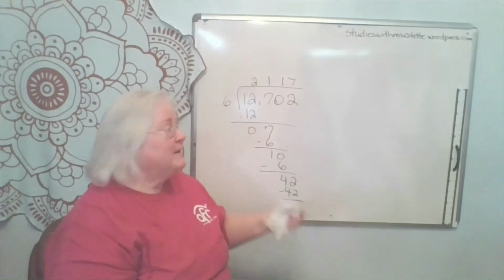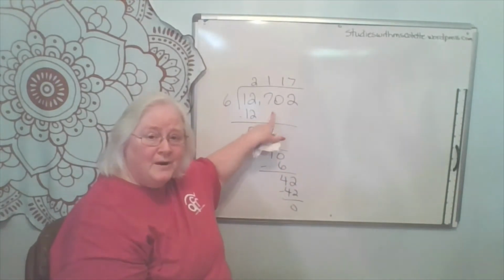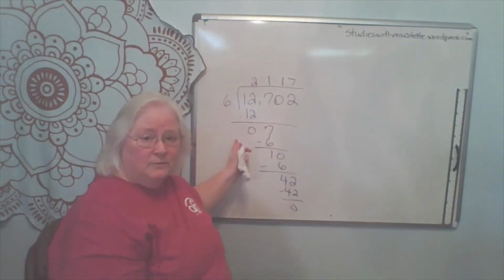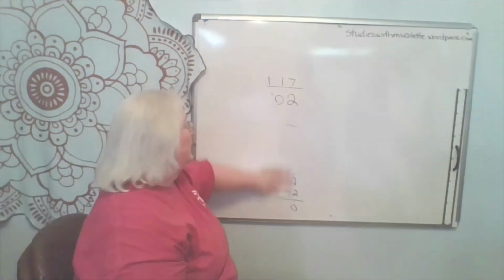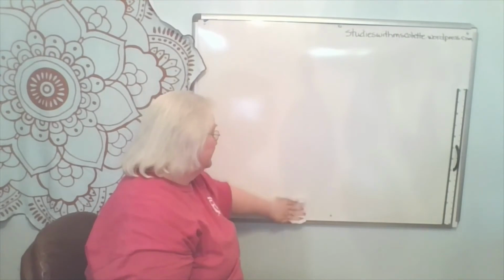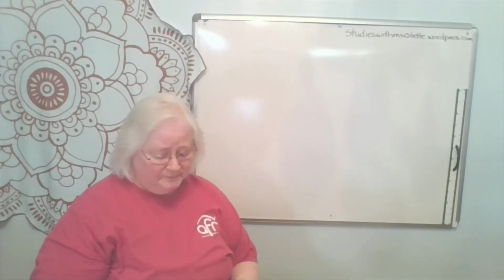But you do have to make sure that it will go into 2 and 3. And then we know that 6 will go into it, okay? So on rule number 7, pause the video.